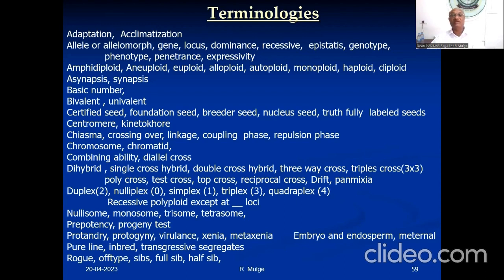But from a tetraploid, if you get a haploid, it becomes two diploids. The gamete is formed with a diploid set, but you call it a haploid because 50% of the chromosomes are separated into the gamete. So monoploid is different from haploid.